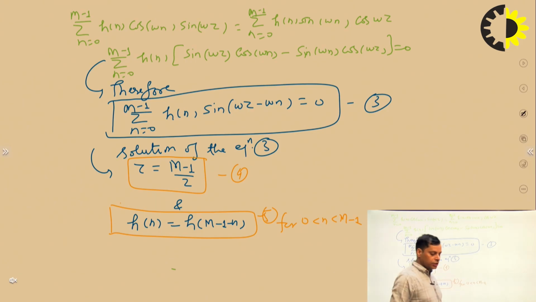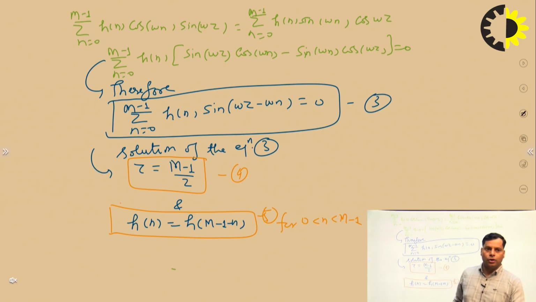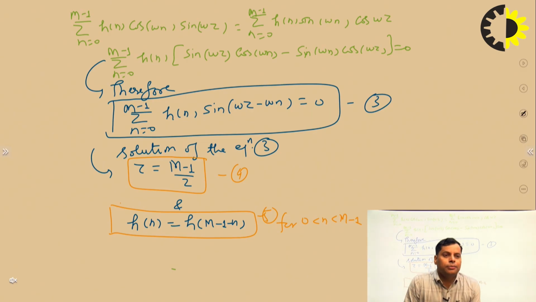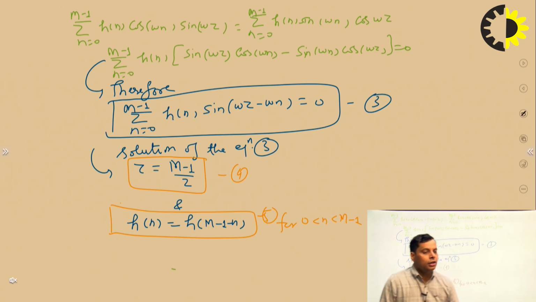So equation number 3 is what we get from the phase response characteristics, when we evaluate the phase response of the DFT of an impulse response h of n. When we expand this equation for n from 0 to m minus 1, we get two concluding remarks. The first is that the phase delay tau equals m minus 1 upon 2, and h of n equals h of m minus 1 minus n.